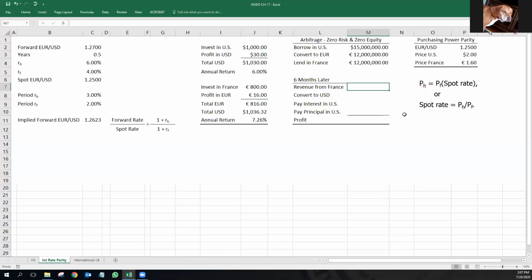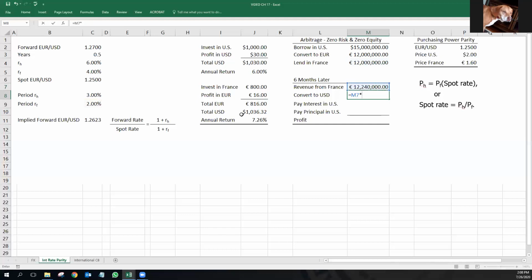So 6 months later, you get the 12 million you lent plus interest. So we're going to go ahead and grow that by the 2% in France because it was 6 months only. And that's how many euros you get back. Now you convert that to US dollars.